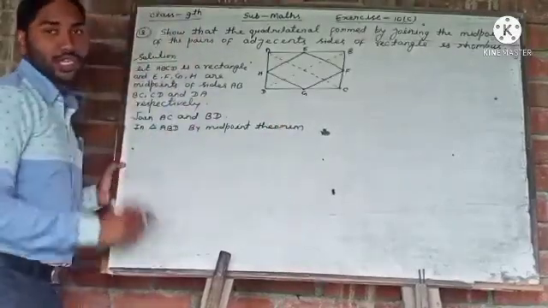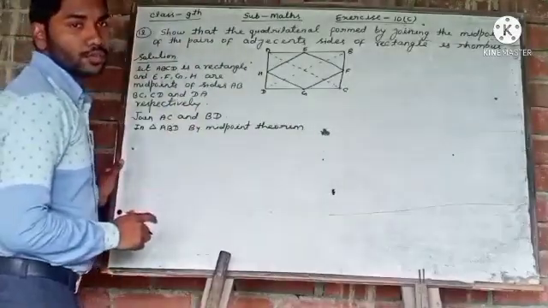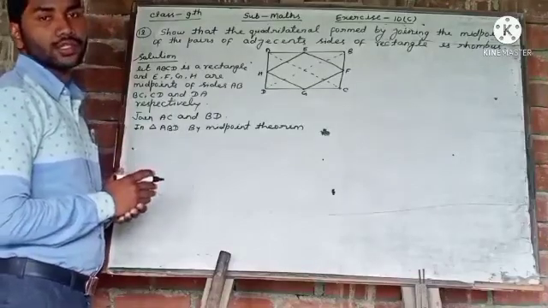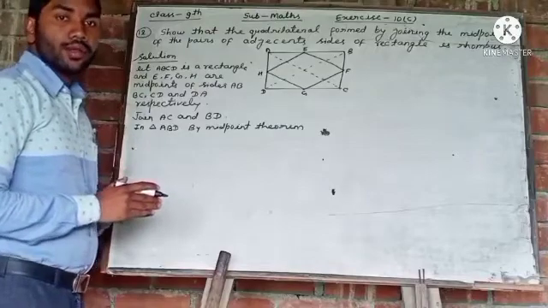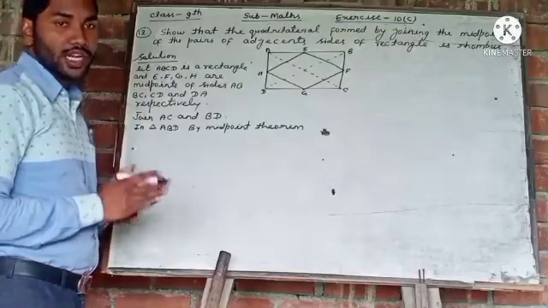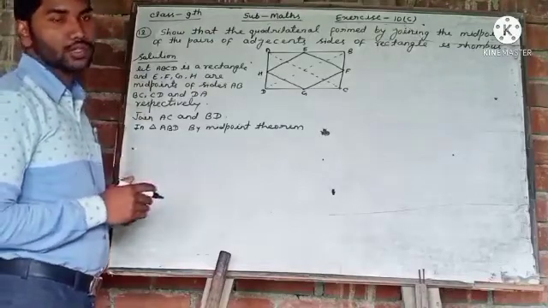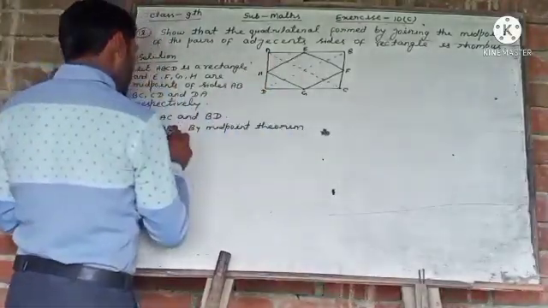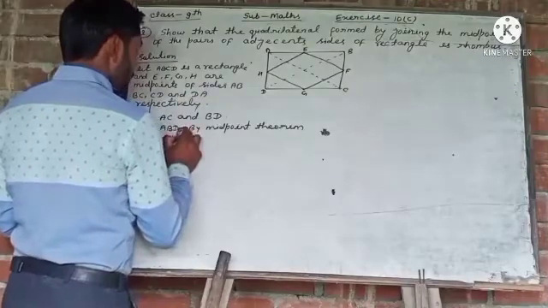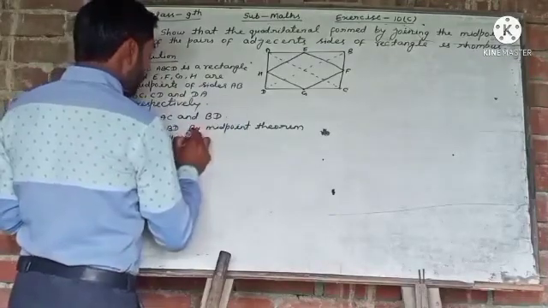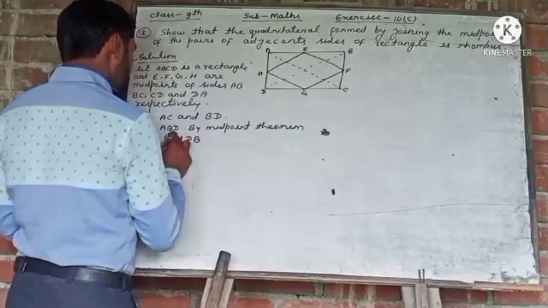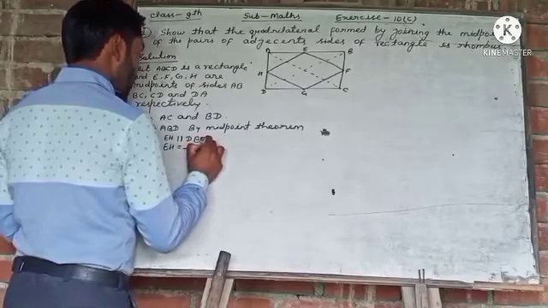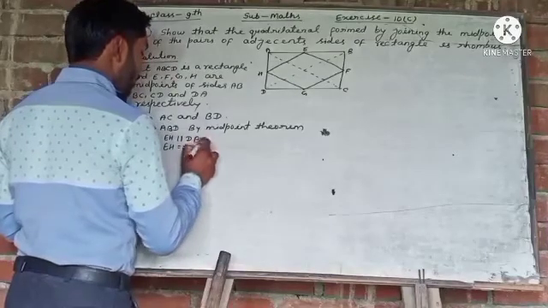which we have already discussed, in a triangle the line joining the midpoints of two sides will be parallel to the third side and it will be half of the third side. So by the midpoint theorem, EH is parallel to DB and EH is equal to 1/2 DB.